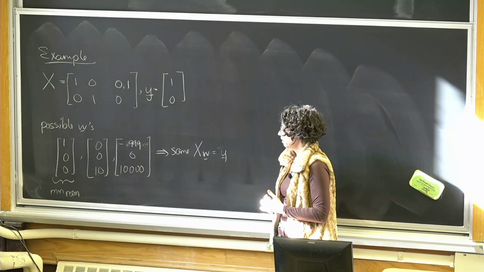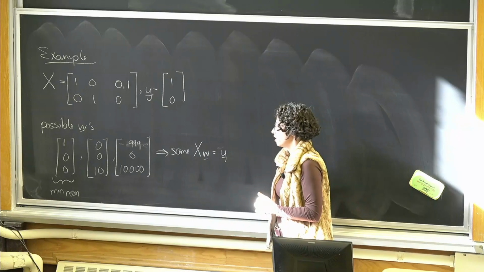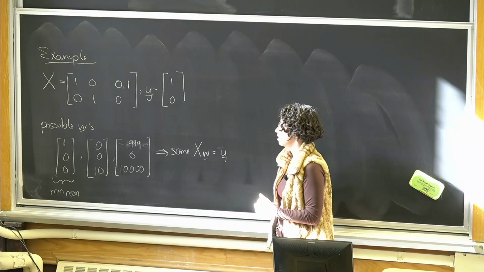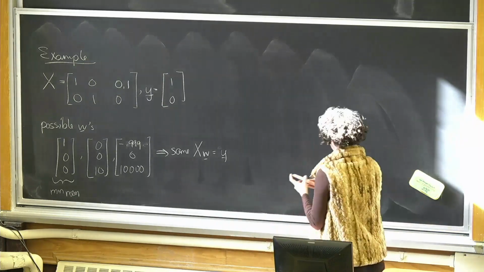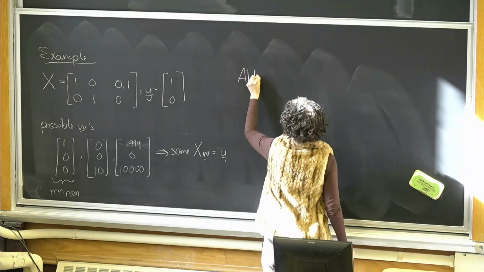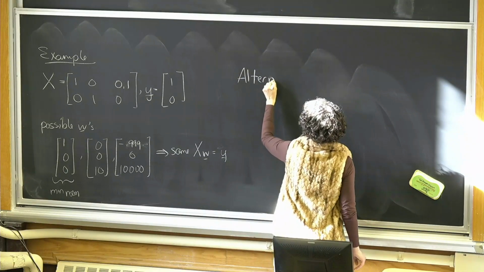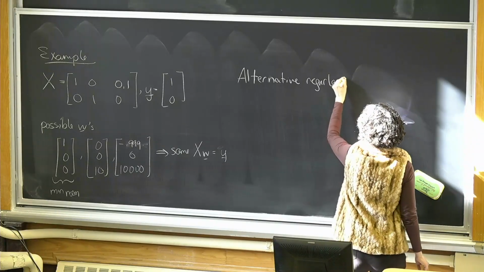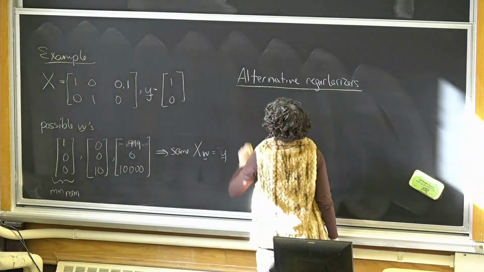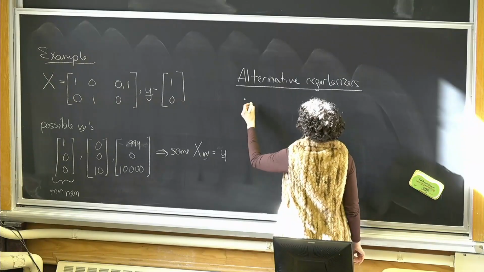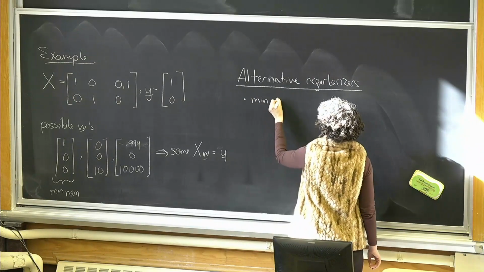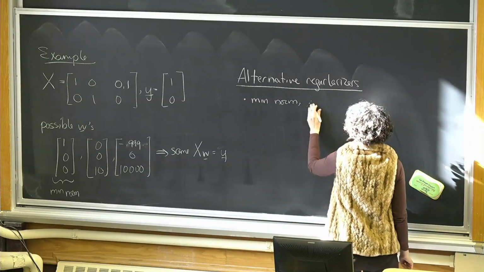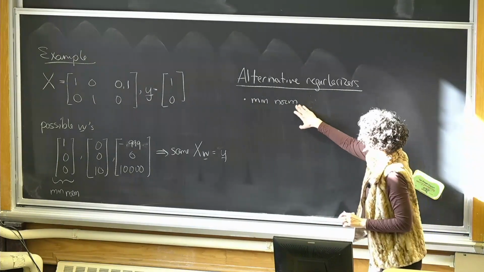What I do see a lot are alternatives to this, where people will say, I want sparse weights. So here, let's just talk about alternative regularizers. One would be to say, let's minimize the norm.